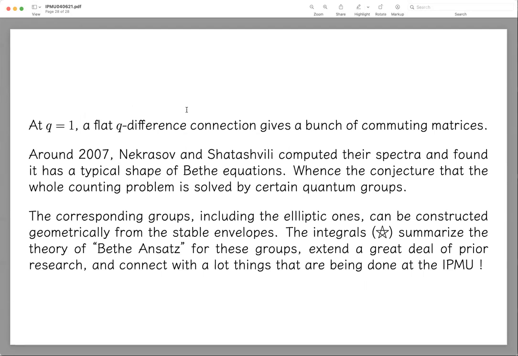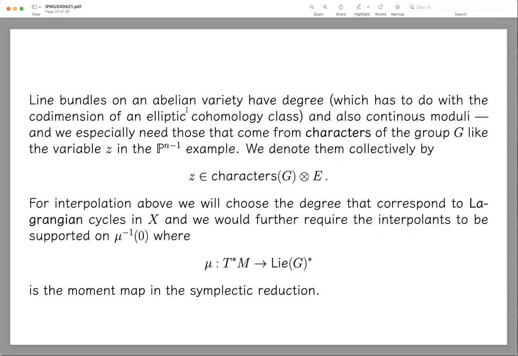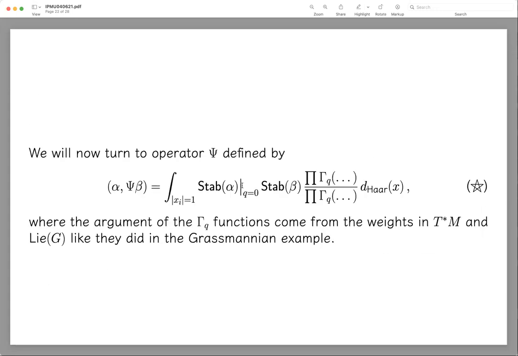And in particular, if you set Q to 1, this will be a whole bunch of commuting matrices. And by the kind of computation which is essentially saddle point computations in the integrals which we considered here, let me, since I have time, look at this expression here.